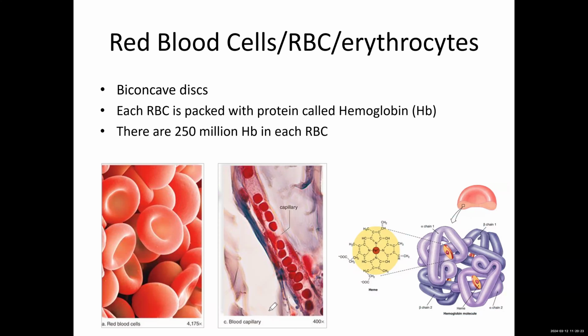In this picture, at 400x magnification, you can see a capillary and red blood cells inside the capillary, and the red blood cells are almost the same as the diameter of the capillary. And red blood cells, by the way, are one of the smallest cells in your body. We have about 250 million hemoglobin molecules in each RBC.